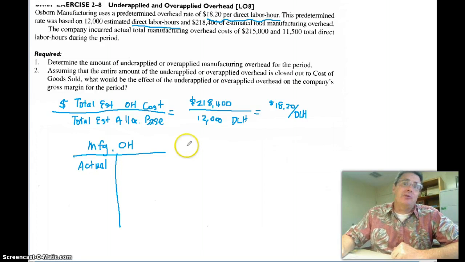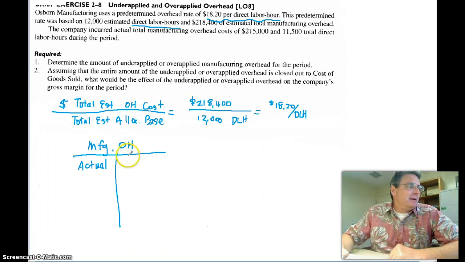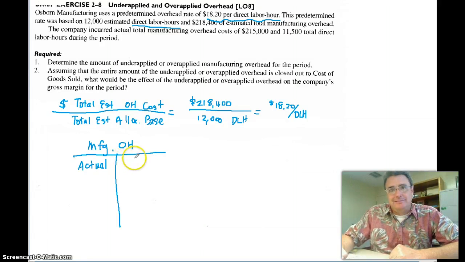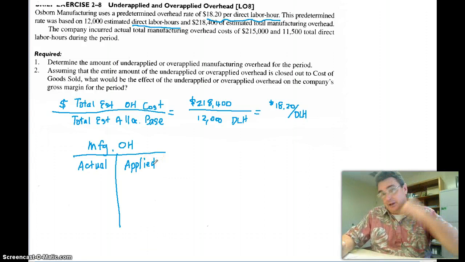What goes on the right side? Applied. Yes, it's also credits, but I want to focus your mind on the idea of the applied.